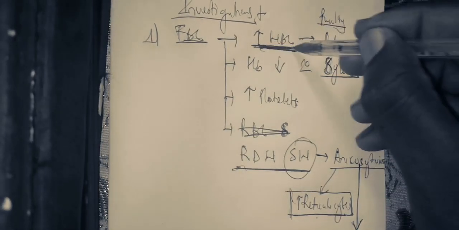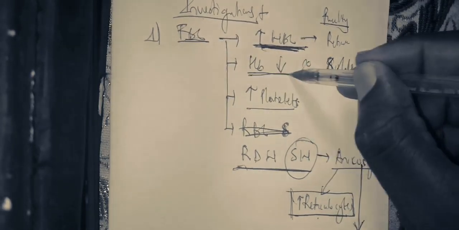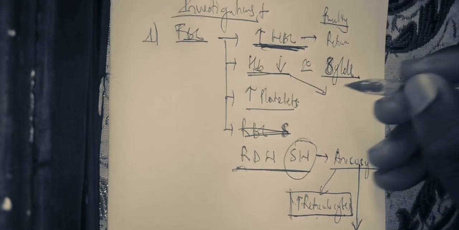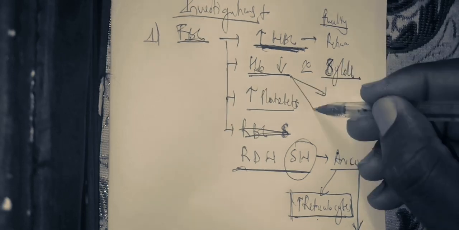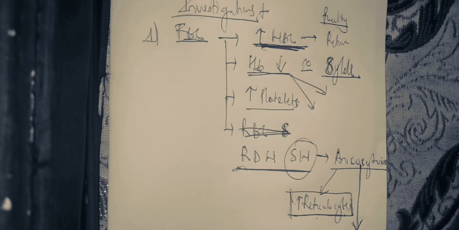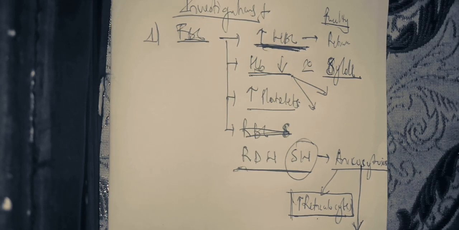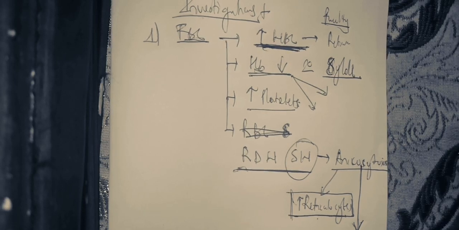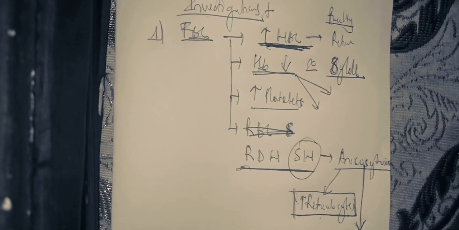So those are the parameters on the full blood count. You have the white blood cell count, the HB level, and the platelets. Particularly for the HB, you can have two types of anemia in sickle cell. The first anemia is normocytic normochromic as a result of hemolysis, and the second can be macrocytic, in a case where you have a consumptive vitamin B12 deficiency, because if hemolysis occurs for a long period of time, then you are going to have macrocytosis, because the vitamin B12 has been consumed excessively to replenish those red blood cells that have been destroyed.